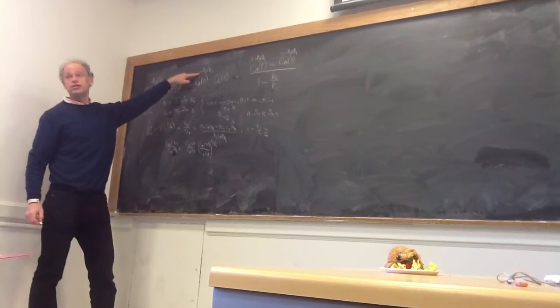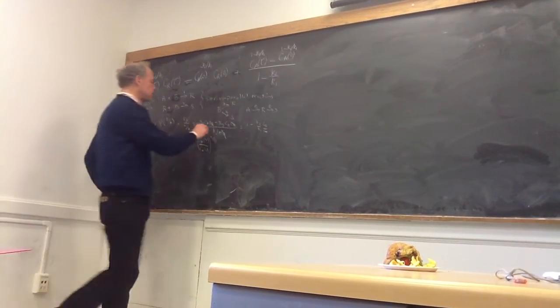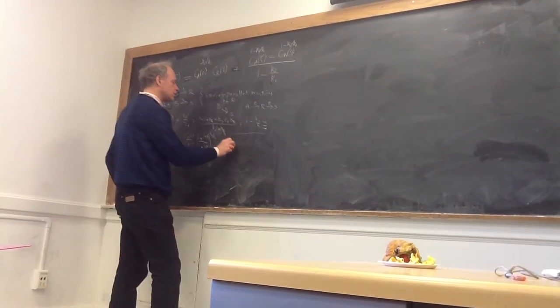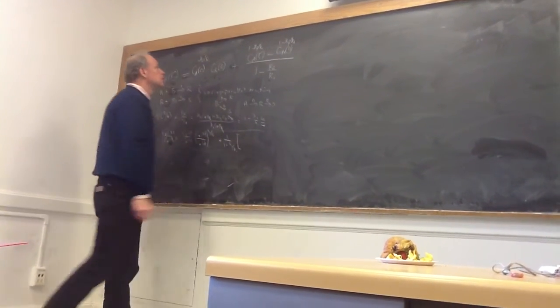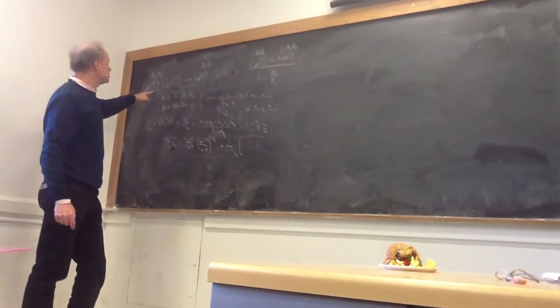So I change the sign on this to flip them. I have this term. And what else do I have? Now I also have 1 over 1 minus K2 over K1 times. Okay, so I've divided by this.